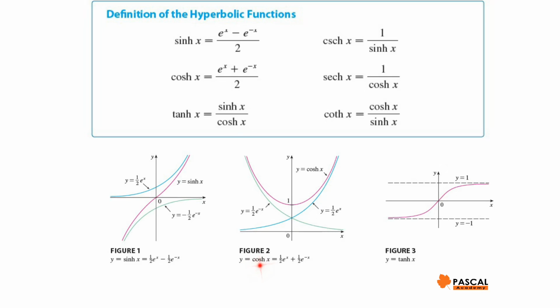Graph of cosh x is an even function. It has a line of symmetry. The y-axis is the line of symmetry. It is not 1 to 1 unless we put some restrictions on its domain.